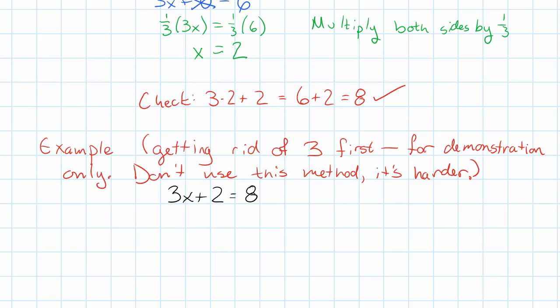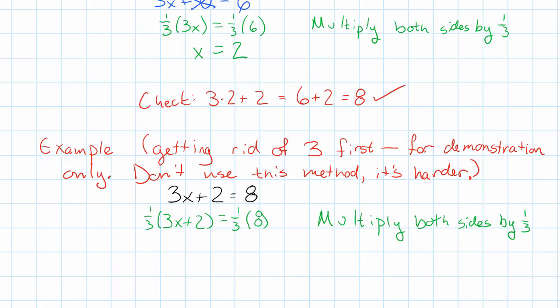First, I'm going to multiply both sides by 1/3. So on the left side here I need to distribute because I'm multiplying by a sum. So I'll have 1/3 times 3x plus 1/3 times 2. And over here I still have my 1/3 times 8.